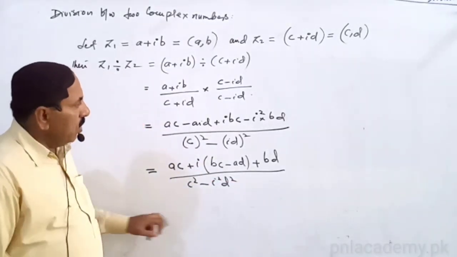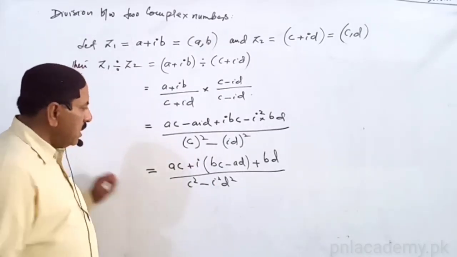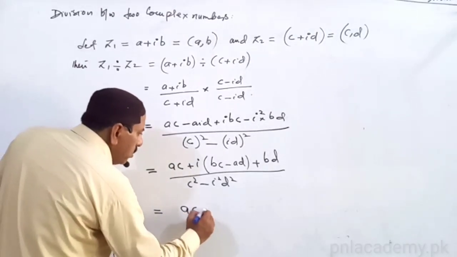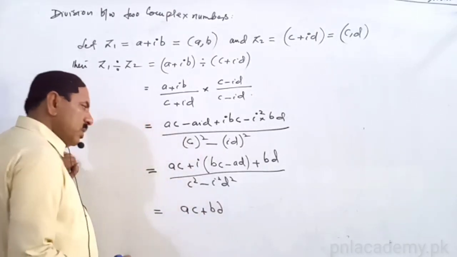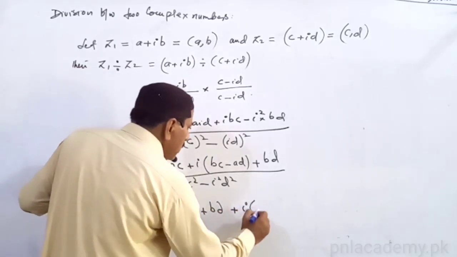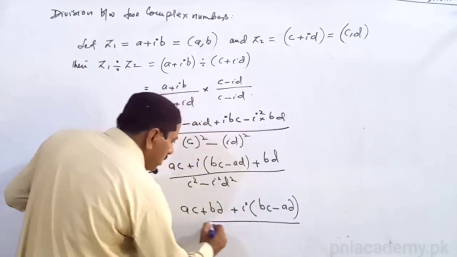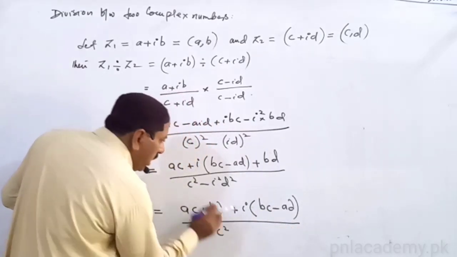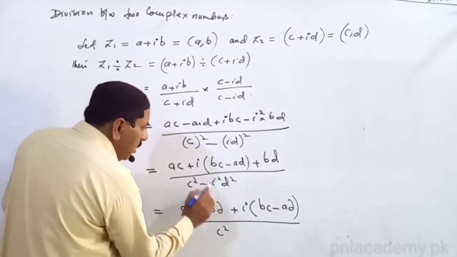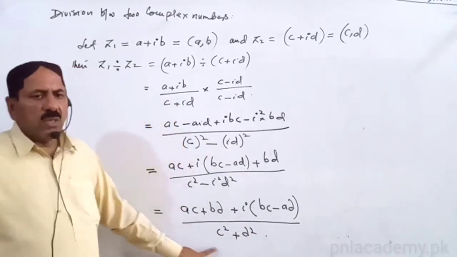You also know that the value of iota square is minus 1, minus into minus plus. So this will be AC plus BD, which is the real part, plus iota (BC minus AD), which is the imaginary part, divided by C square plus D square.